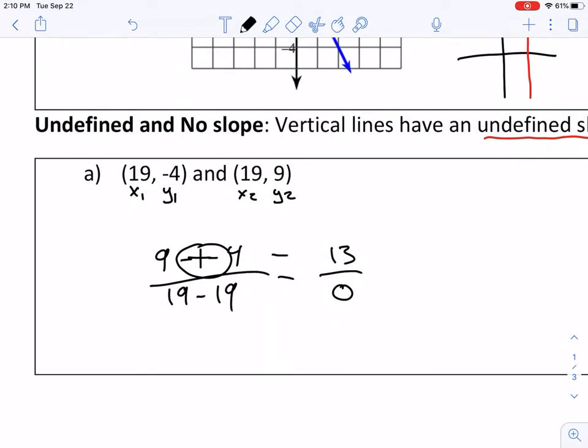If I have 13 divided by 0, if you try and punch that in a calculator, you create a black hole in the void, and thanks for making 2020 more difficult. This is undefined. You will get an error in your calculator. You cannot divide 13 by 0. This is undefined.